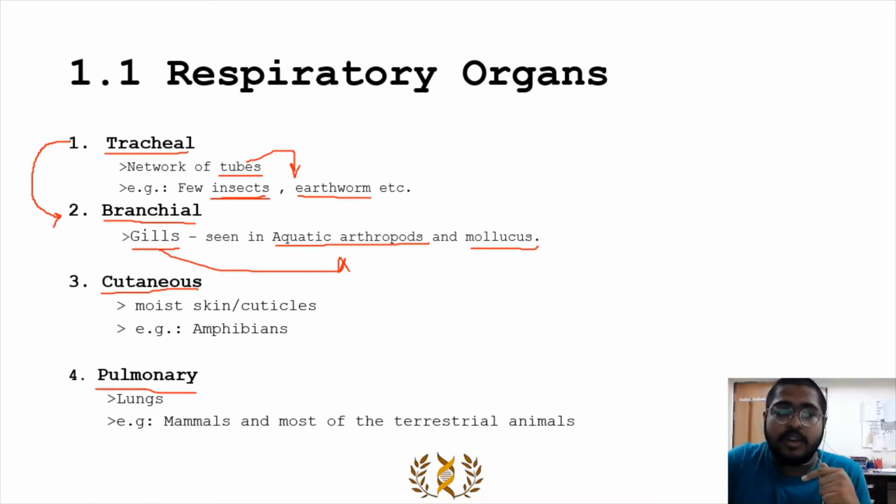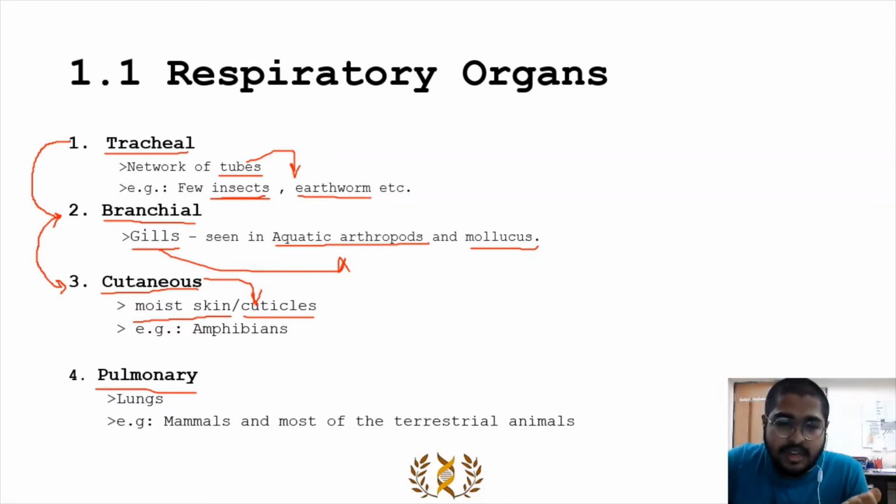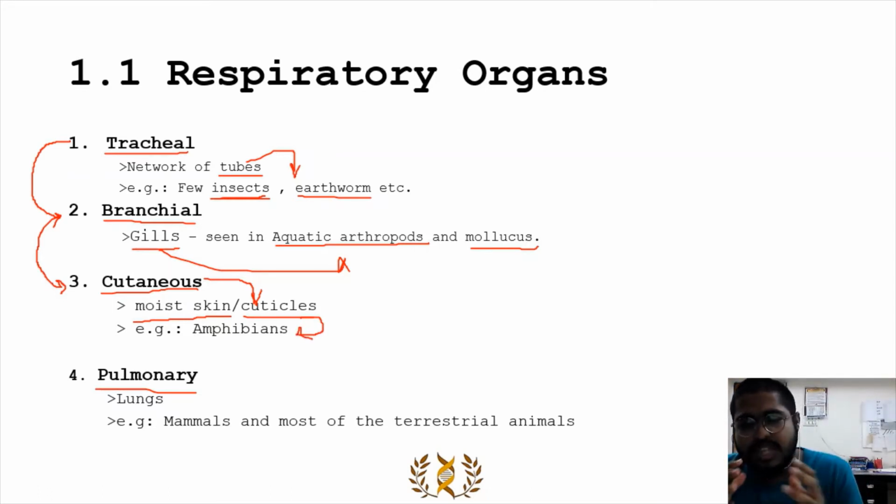The next one, a little more advanced, more superior, more complex type of respiratory organ, is the cutaneous. Cutaneous ones have a direct relationship with the cuticles, or in simple terms, the moist skin, which we see in amphibians, frogs basically. So they breathe through the moist skin.